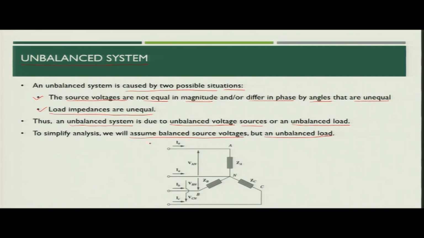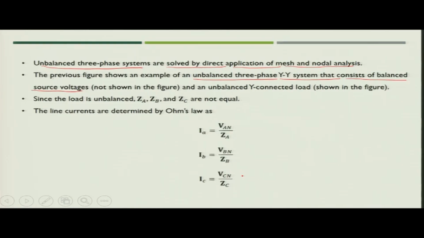We are not showing that in the figure, since our objective is to analyze the circuit by assuming unbalanced load, so we show only the unbalanced load. Here ZA, ZB, ZC are the phase impedances which are not equal.